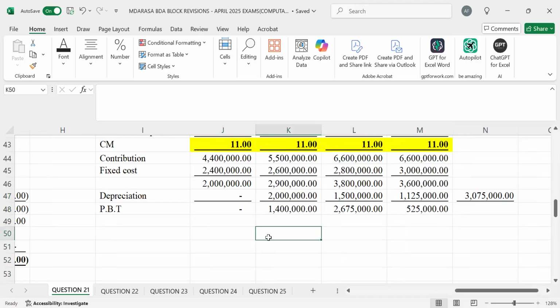As you have said that we consider depreciation for purposes of tax, exactly. So depreciation for year 2, will we consider it for purpose of tax for year 3? That is correct. So we'll consider depreciation for year 2 for purposes of tax for year 3.